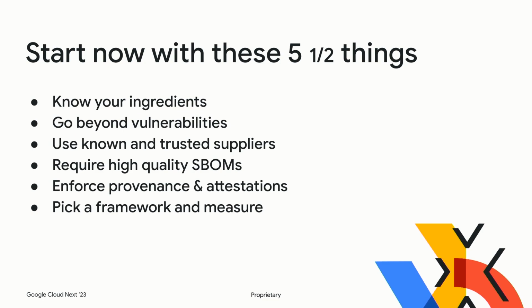That helps you reduce your risk and reduce the number of things you have to trust. Require high-quality SBOMs that are assured. And as we talked about, SBOMs generated for the purpose you want to use them for at the stage that makes sense. Enforce provenance and attestation, so now you have a record of what's happening to the software as it transitions to the service. And ultimately, pick a framework, baseline, measure, and improve.